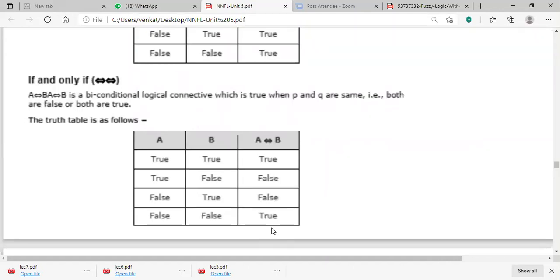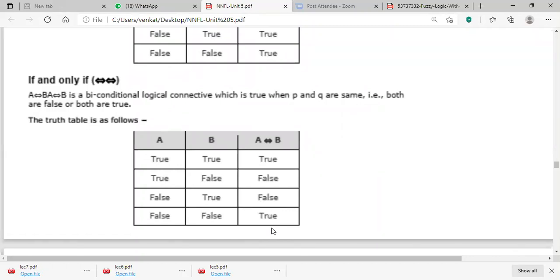Okay, please note down this truth table for if and only if. If A is true, B is true, then A and B are logically connected with the same truth value.